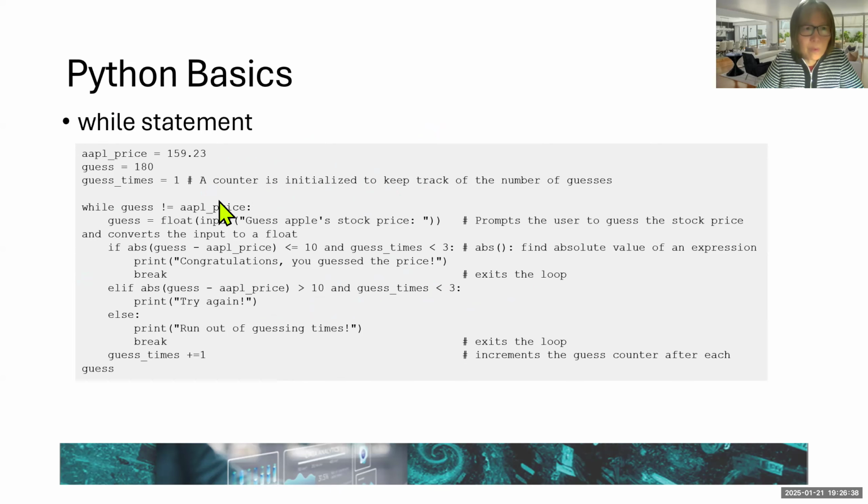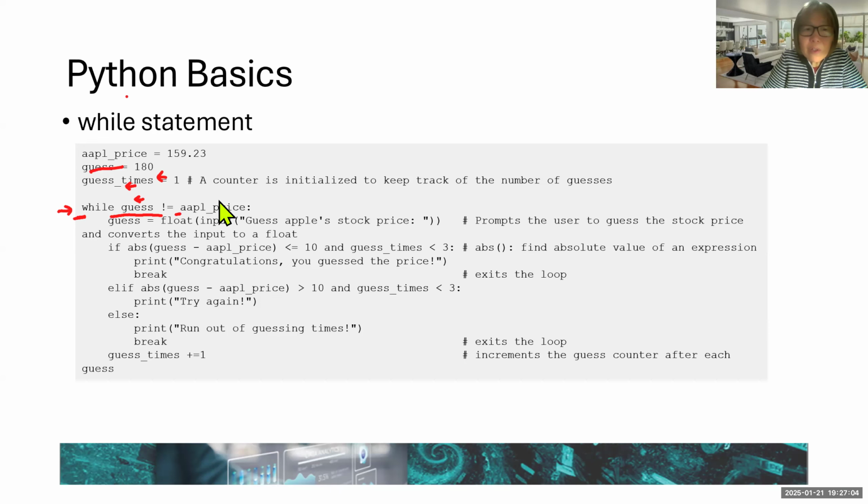For loop we discussed. The next loop is the while statement. We are quite familiar with this: assignment statement, assignment statement, assignment statement. And next here we have the while. This is the keyword while, here is the condition, and here is a colon.